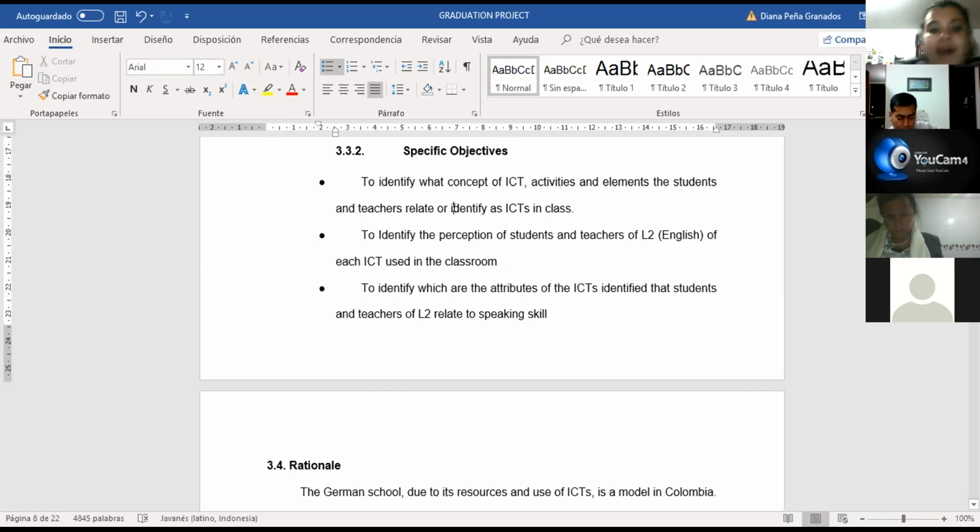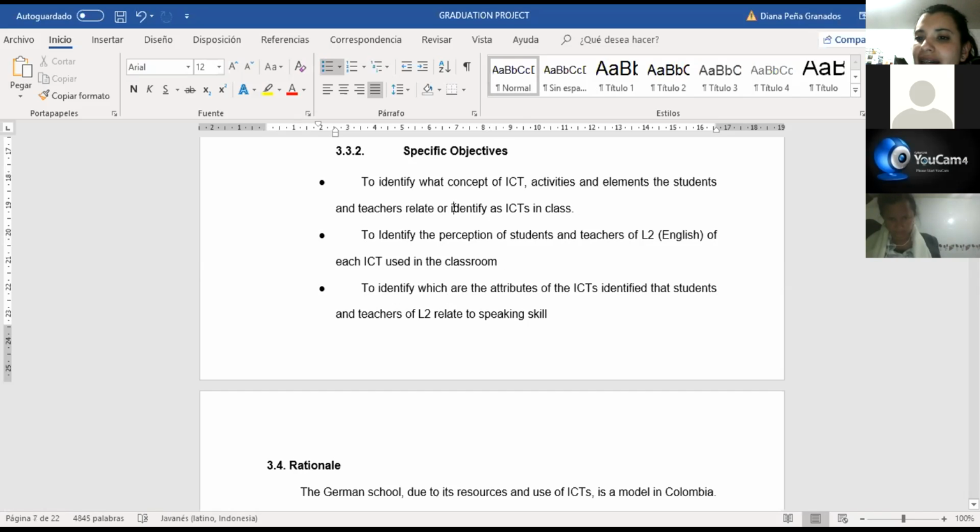Now you can take Jairo's advice. So first we have explore in the general, so you can say to identify teachers and students' beliefs about the concept of ICTs, type of activities in class.